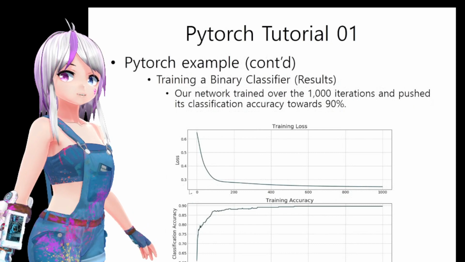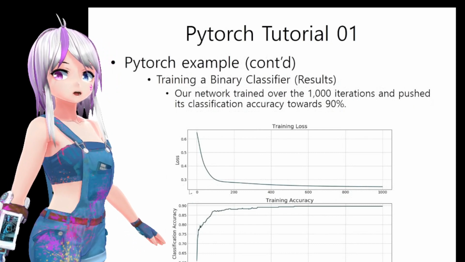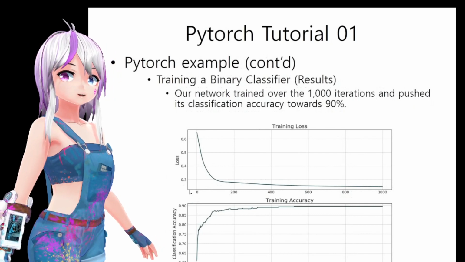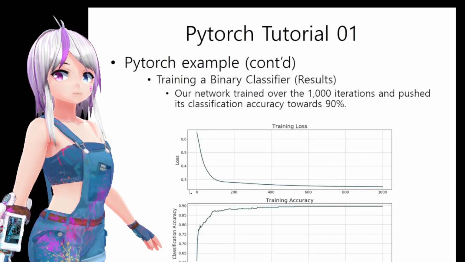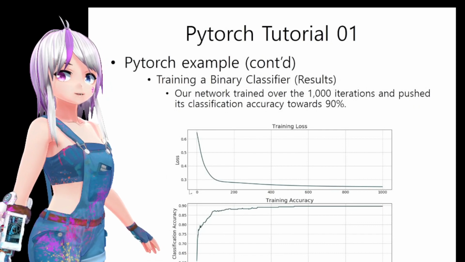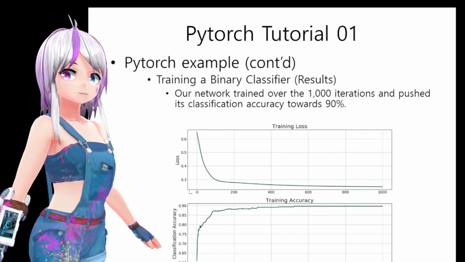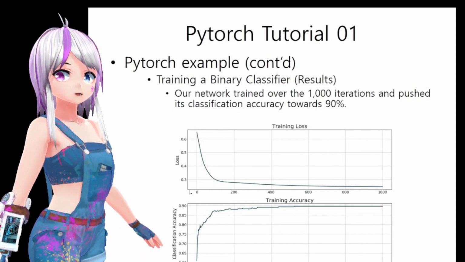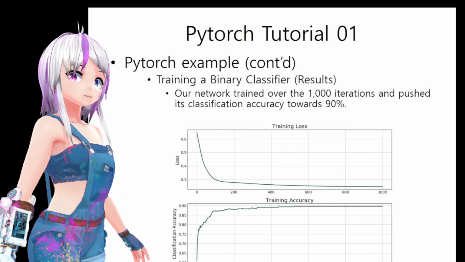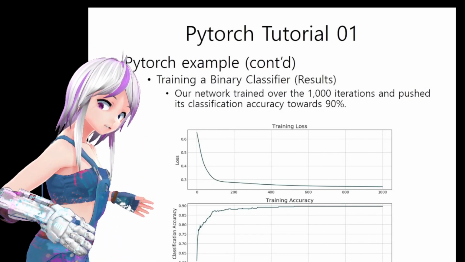Okay, here's the result of training. Our network trained over 1,000 iterations, and each iteration is an epoch, and pushed the classification accuracy toward 90%, but not exactly 90%. It's almost 0.87 or 0.88, something like that.